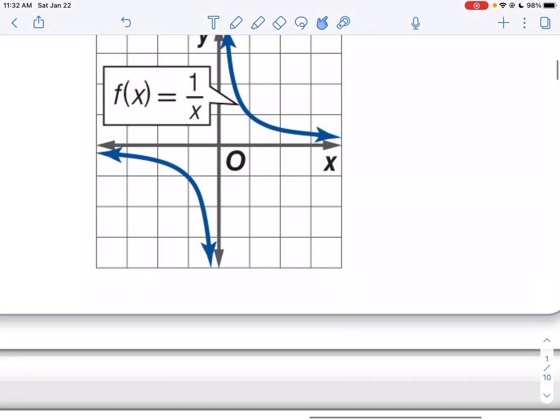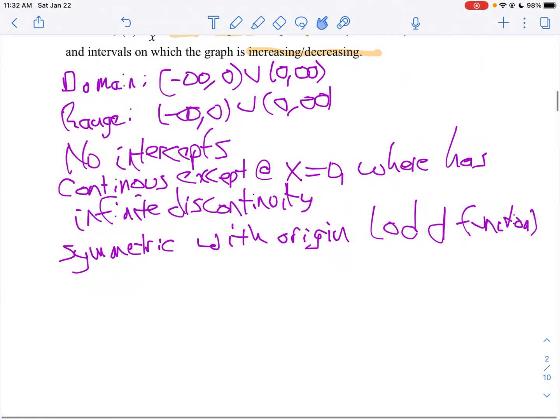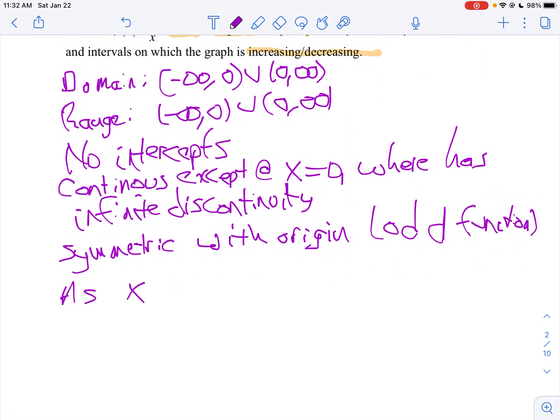So I'll write it out like this: as x approaches positive or negative infinity, f of x approaches 0. Positive infinity approaches 0 from the positive side, negative infinity approaches 0 from the negative side.